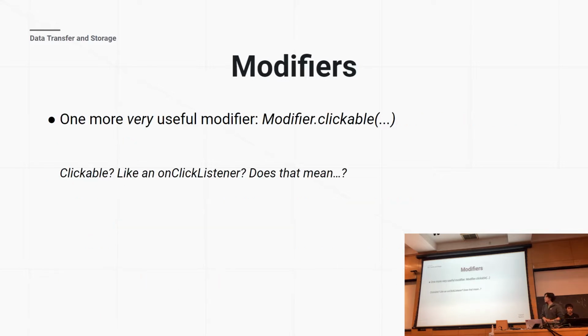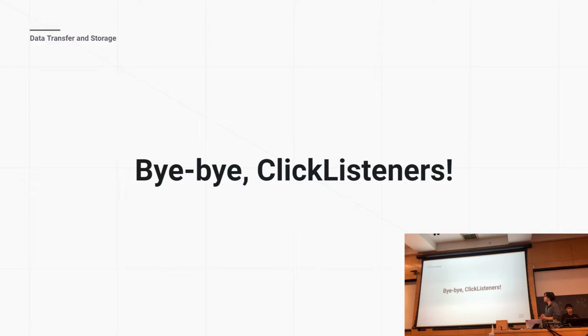In addition, in the past, when we wanted to press buttons with UI components, we needed listeners. So now we have a modifier called clickable, right? So what does it do? Well, you can say bye-bye to click listeners.